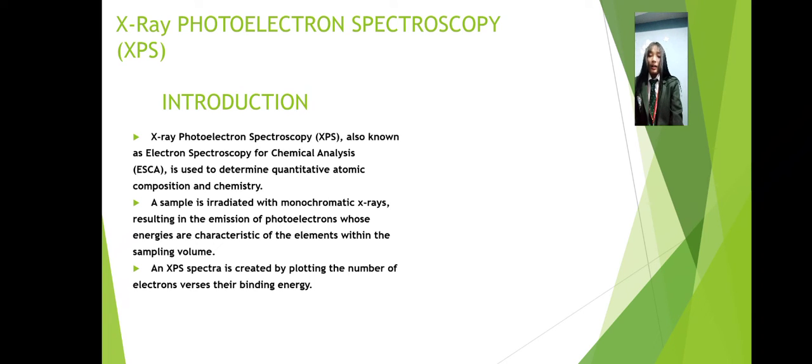Point number 2, a sample is irradiated with monochromatic X-rays, resulting in the emission of photoelectrons whose energies are characteristic of the element within the sampling volume. Point number 3, an XPS spectrum is created by plotting the number of electrons versus their binding energy.